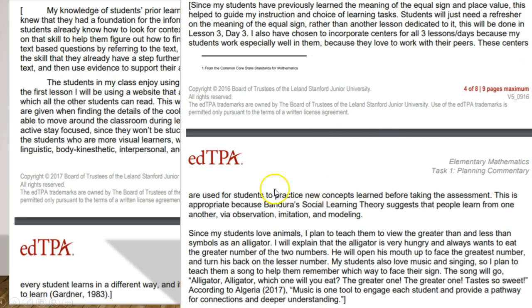And then she just makes such a good argument. This is appropriate because Bandura's social learning theory suggests that people learn from one another via blah, blah, blah. Anyway, so it's all really good. And she talks about how they love animals. And so she did the less than and greater than with the alligator, alligator, alligator, which one will you eat, with the song. And so it's all really great. Good job.